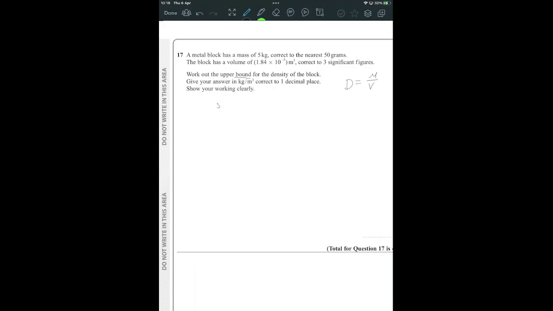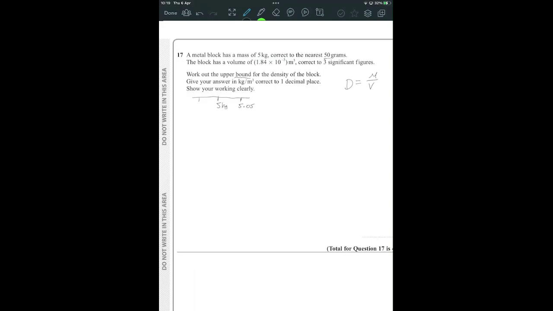So our 5 kilogram mass, well, I like to think about this on a scale with that level of accuracy. So the 5 kilogram mass, the next scale point is an extra 50 grams higher.